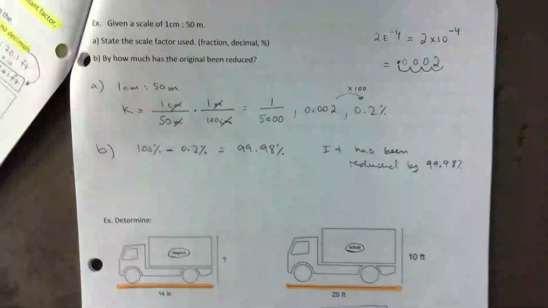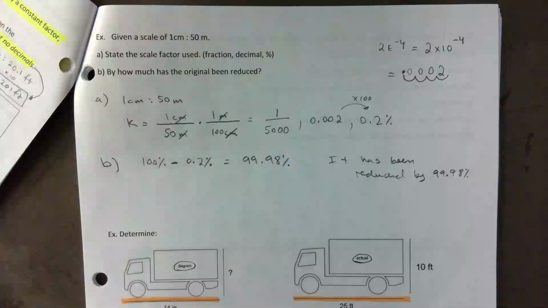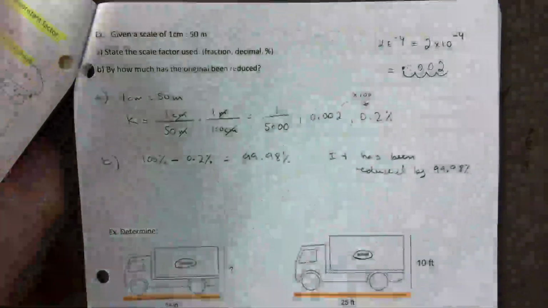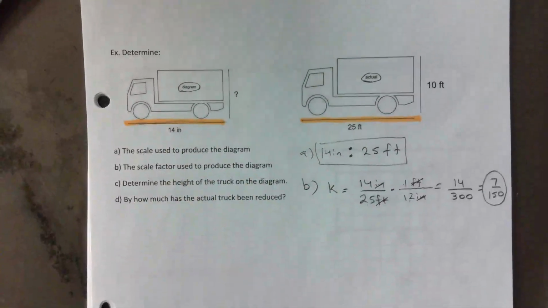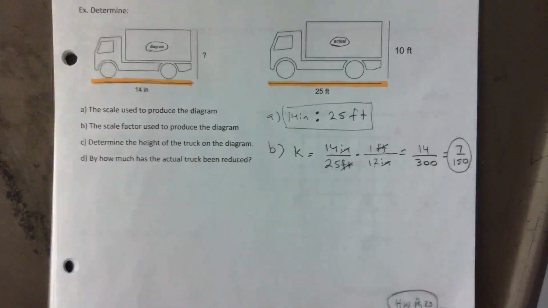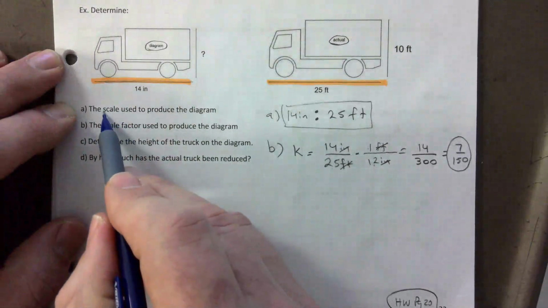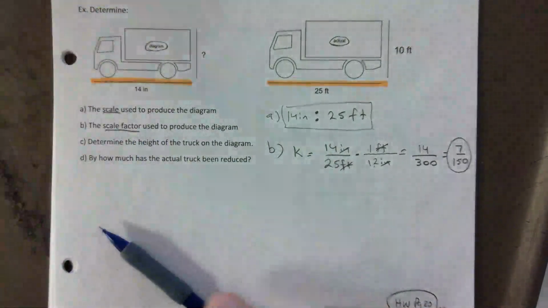So let's go to 22. I did a few exercises where we just turned our scale to a scale factor, right? So that's that. I'll leave it. And then we talked about this scenario here. Okay, so we had to figure out the scale. There it was. Then the scale factor, right?